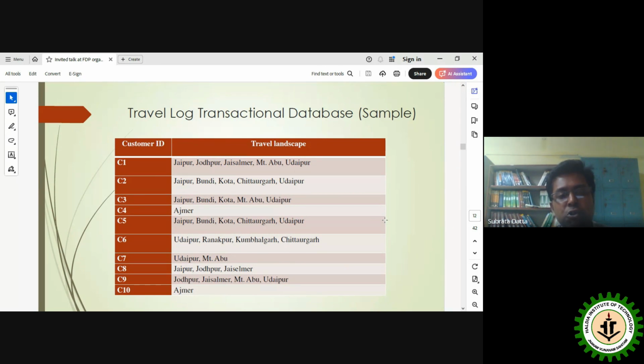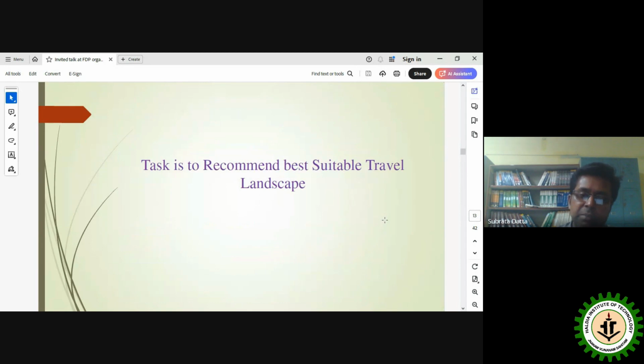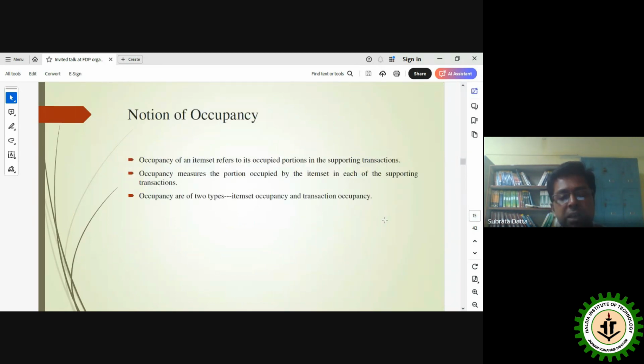For example, if we take Jaipur as an attribute, how much portion does it occupy in transaction 1, in transaction 2, similarly transaction 3, transaction 4, and so on. So occupancy means the portion occupied by an item set in its supporting transactions. What are supporting transactions? Supporting transactions are those where the item or product has been transacted, that is, where it occurs. So occupancy measures the portion occupied by the item set in each of the supporting transactions.